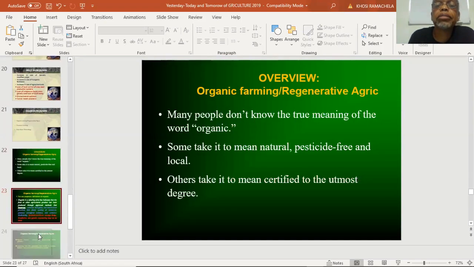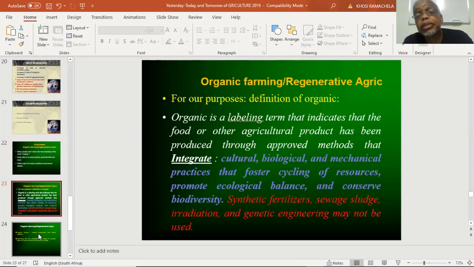For our purposes here, we would define organic as a labeling term that indicates that food or other products have been produced through approved methods of production. These would integrate cultural, biological, and mechanical practices that promote cycling of resources, promote ecological balance, and conserve biodiversity.